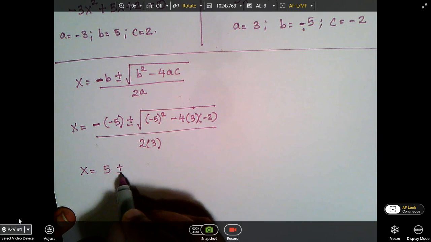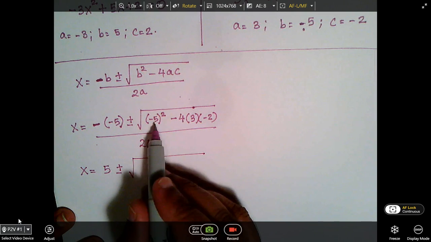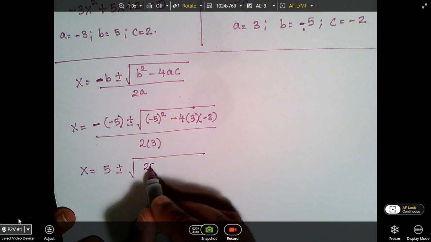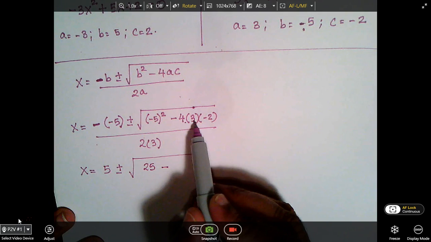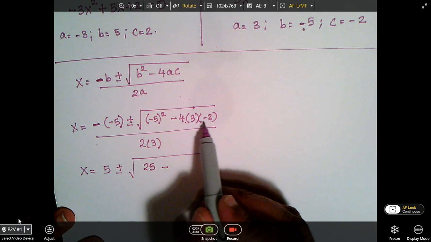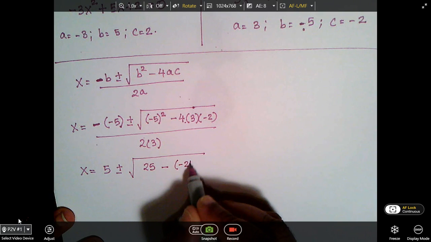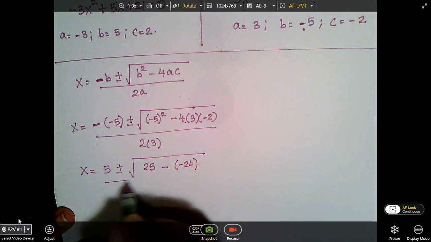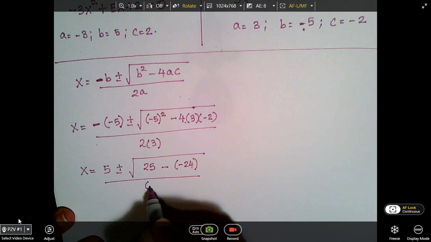Plus or minus square root of negative 5 squared is 25 minus 4 times 3 times negative 2. 4 times 3 is 12. 12 times negative 2 is negative 24. Divided by 2 times 3 is 6.